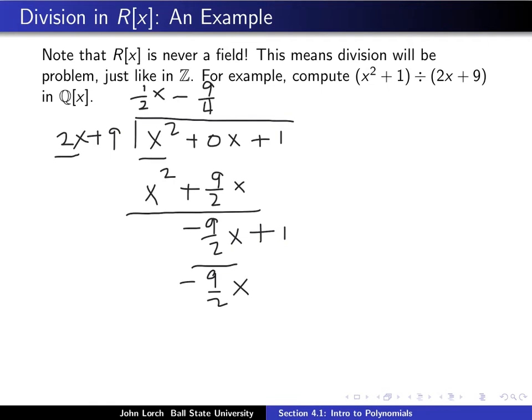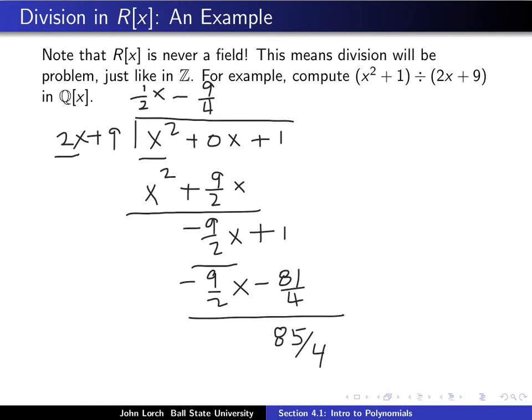And then minus 9/4 times plus 9 is a minus 81/4. And then again, we subtract all of this stuff. And what we get down here at the bottom is 85/4. And now we can no longer divide our leading term of our divisor, 2x, into 85/4.